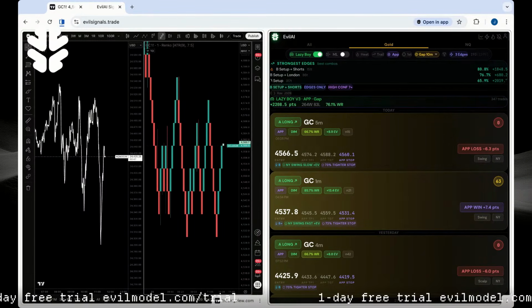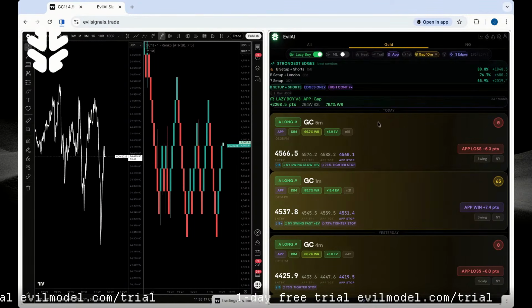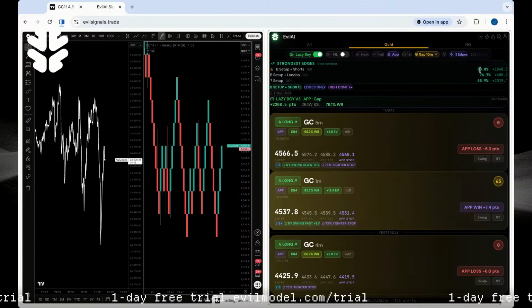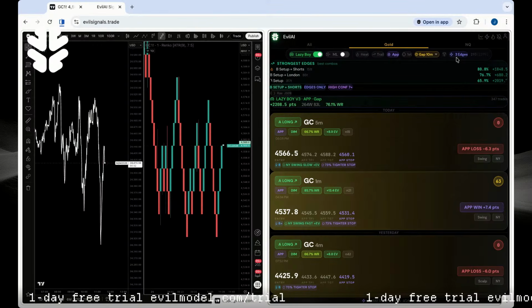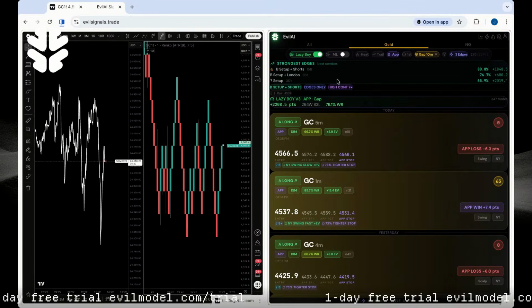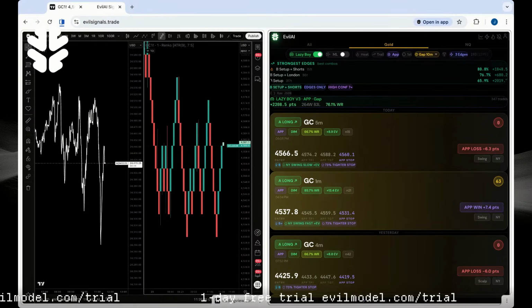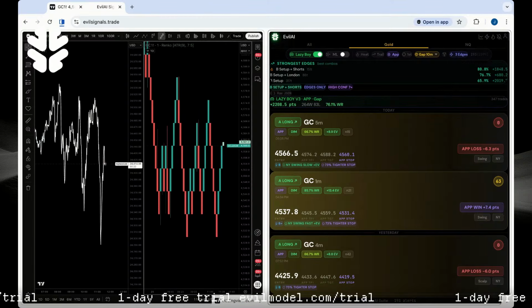So you got B setup shorts, which over 151 trades, 80% win rate, close to 2,000 points, right? That's actually pretty good. And they've been good for a while. It's always been in the 70 to 80 plus zone. So you could just have a B setup short bot.